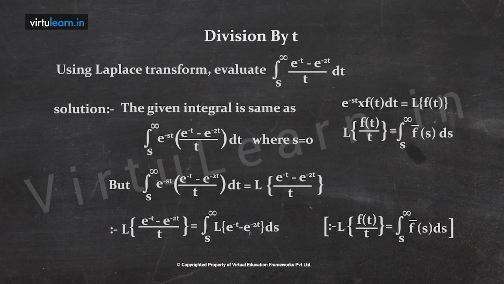Integral s to infinity, Laplace transform of e power minus t minus e power minus 2t, that is f bar of s ds. Again the formula is the Laplace transform of f of t by t is integral s to infinity f bar of s ds.